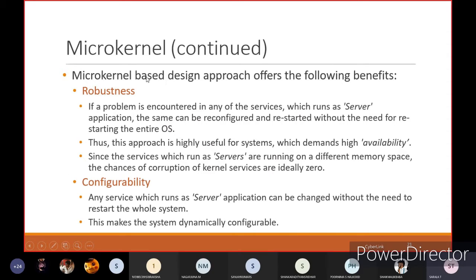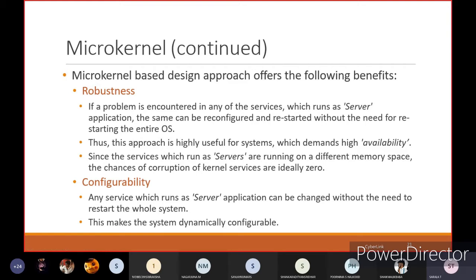The microkernel based design approach offers the following benefits: robustness and configurability. Regarding robustness, if a problem is encountered in any of the services which run in the server application, it can be recognized and restarted without the need of restarting the entire operating system.